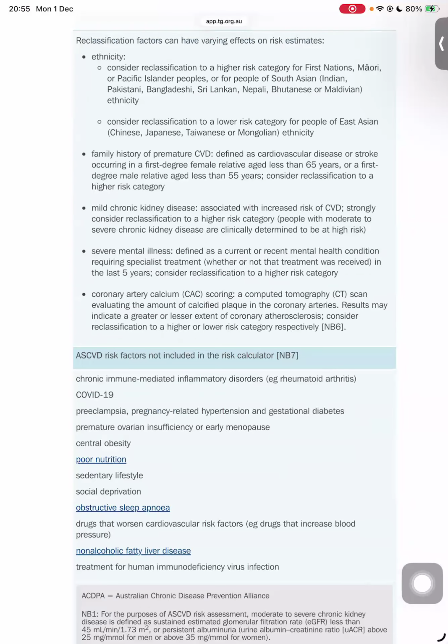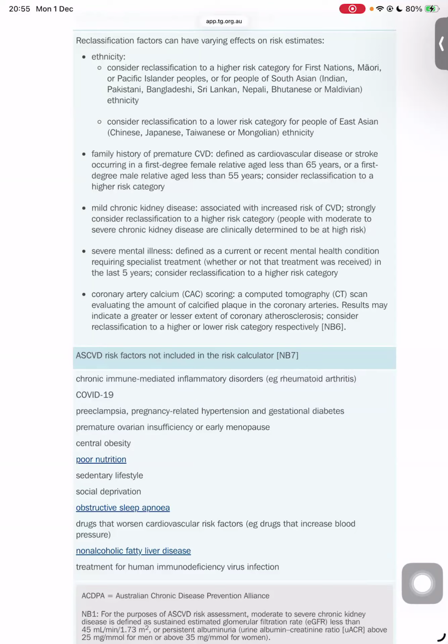Then mild chronic kidney disease is associated with increased risk of CVD, strongly consider reclassification into the high risk category. And severe mental illness is defined as a current or recent mental health condition requiring specialist treatment, whether or not that treatment was received, in the last 5 years.